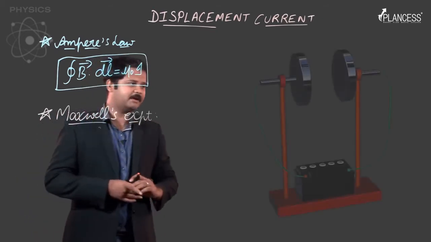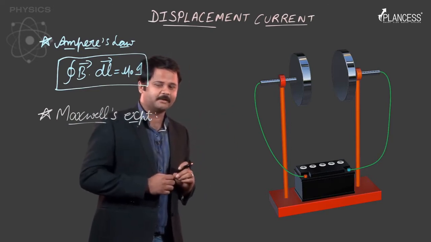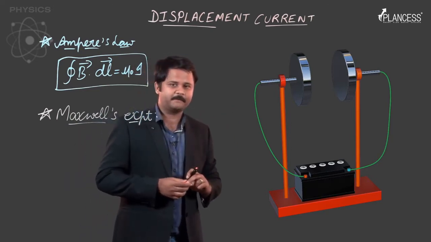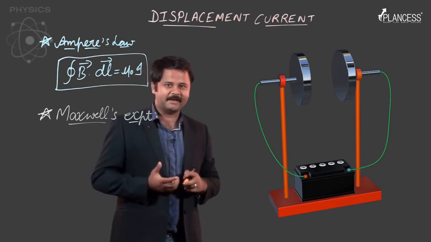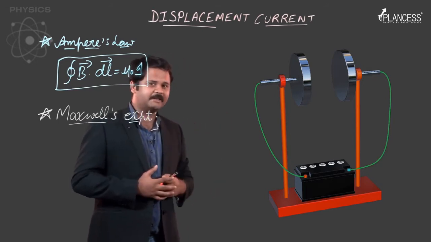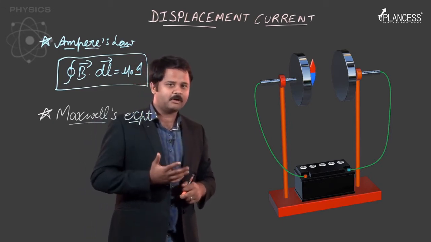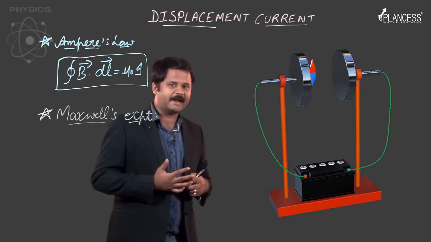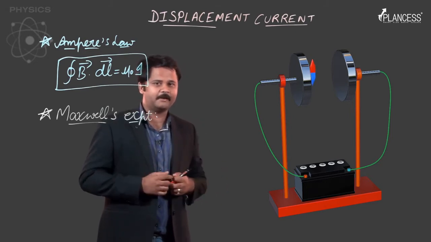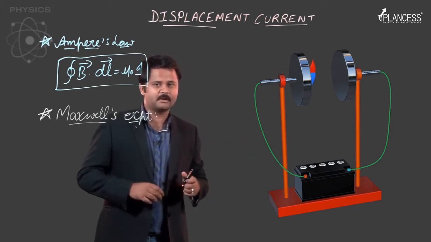In this experiment, we have a circuit in which a parallel plate capacitor is connected. Maxwell simply took a magnetic needle and placed it in the region between these two parallel plates. He saw that this magnetic needle deflected. This deflection indicated that there is a magnetic field present in the region between these two plates.